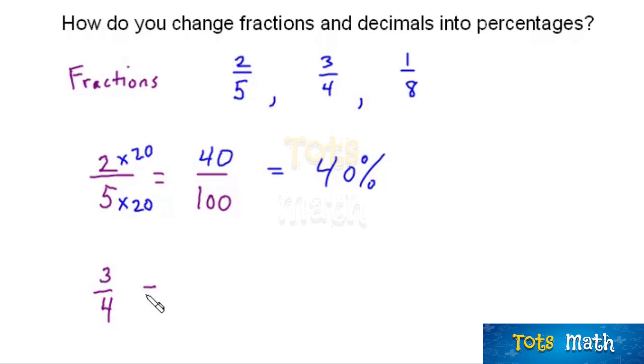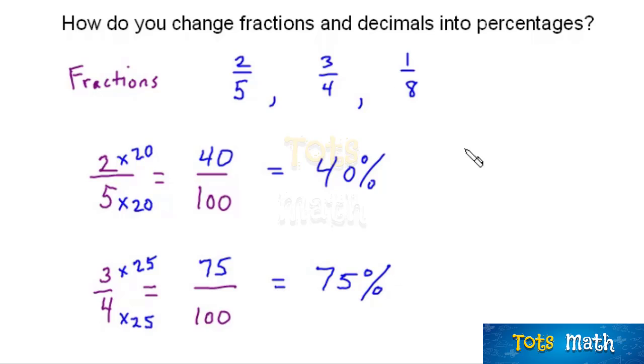We want to rewrite 3/4 as a fraction whose denominator is 100. Well, 4 times 25 equals 100, so we should multiply the numerator by 25, and that gives us 75. So now we have an equivalent fraction whose denominator is 100, so we know the percentage. That's 75%.